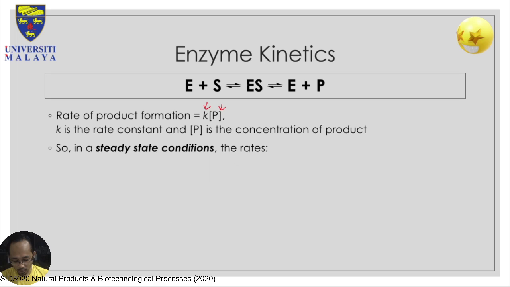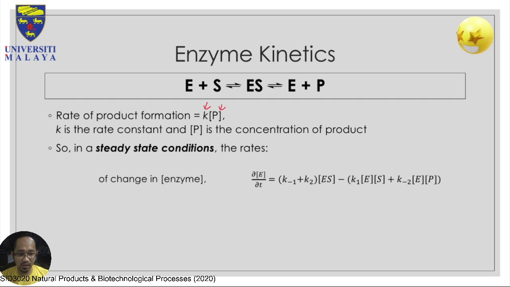So in steady state condition, the rates of change of enzymes. This is where we're looking at the kinetics in more detail, and therefore you need to understand the basic principle of the rate of change. Sometimes you can use a triangle and put it as rate.